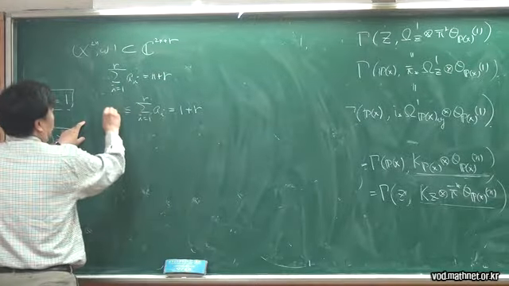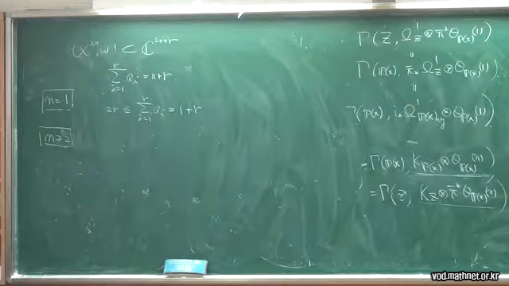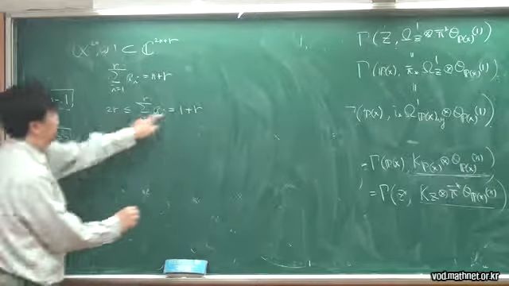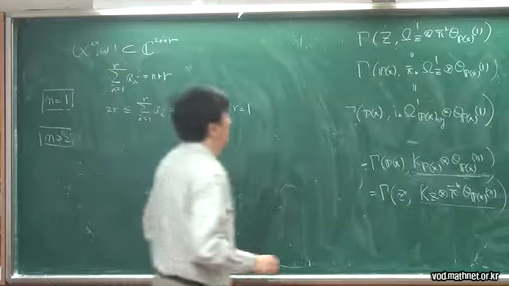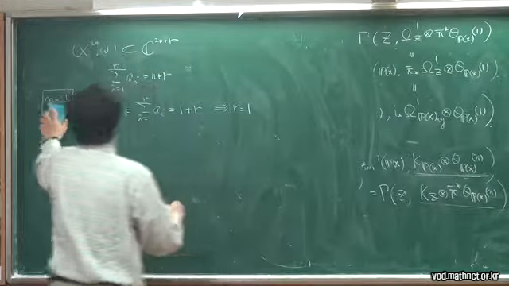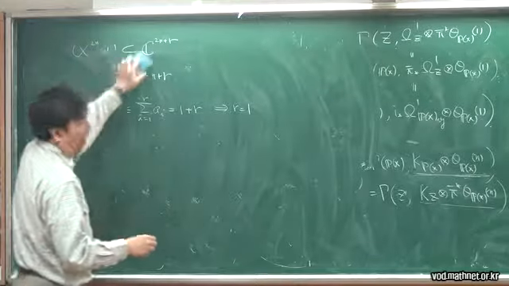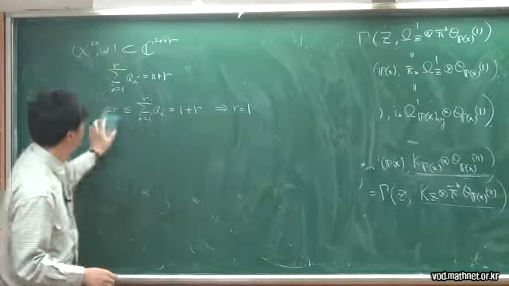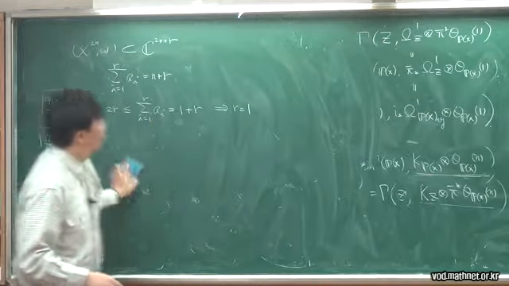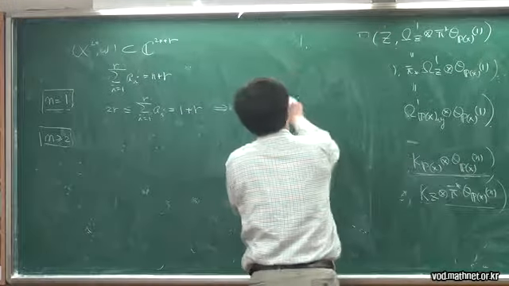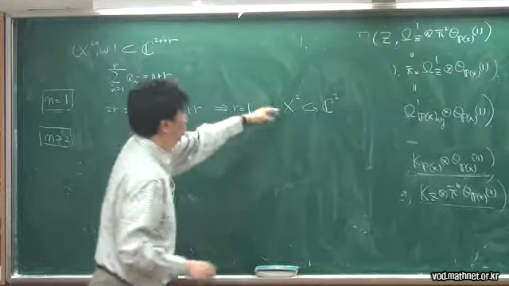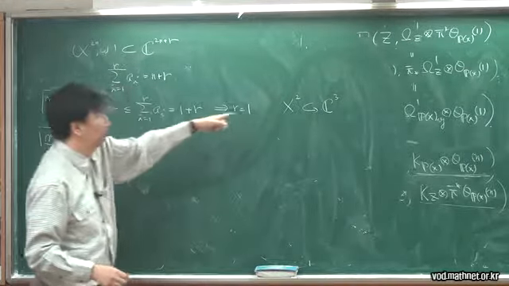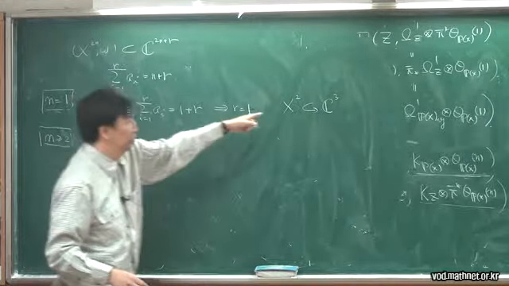So this is 2R, and this means that R should be 1. So in this case, X is just a hypersurface because R is 1. One can check that this is a hypersurface defined by a homogeneous polynomial, and it should be rational Gorenstein. So this is just a quadric.